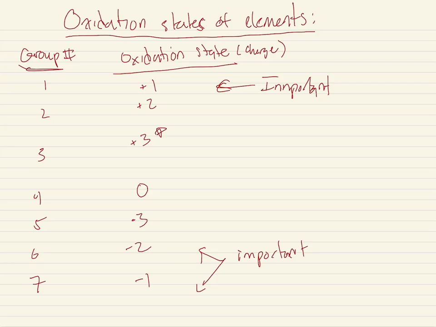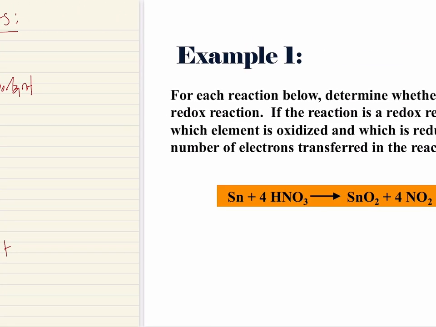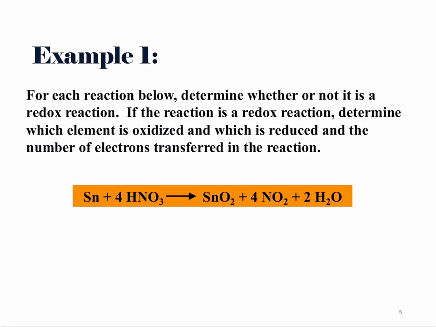And we're going to see how we can determine the movement of electrons in a redox reaction that isn't so straightforward like magnesium sulfide was. So if this is a redox reaction, which it is, determine which element is oxidized and which is going to be reduced, right? If we have elemental tin, what should the oxidation state of that be, right? Tin is Sn.